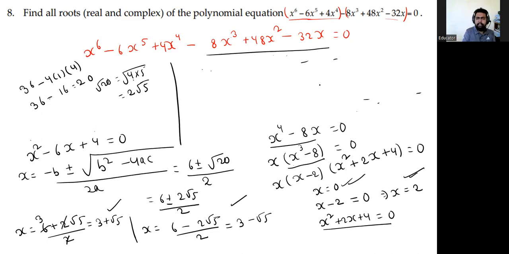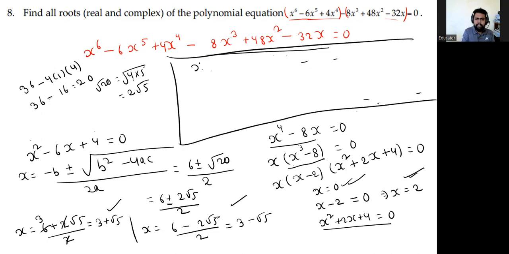Now the last part we need to solve. Let us solve the last part. This is what we need to solve: x square plus 2x plus 4 is equal to 0. Again, let us use the quadratic formula in order to solve. So negative b plus minus root over b square minus 4ac divided by 2a.